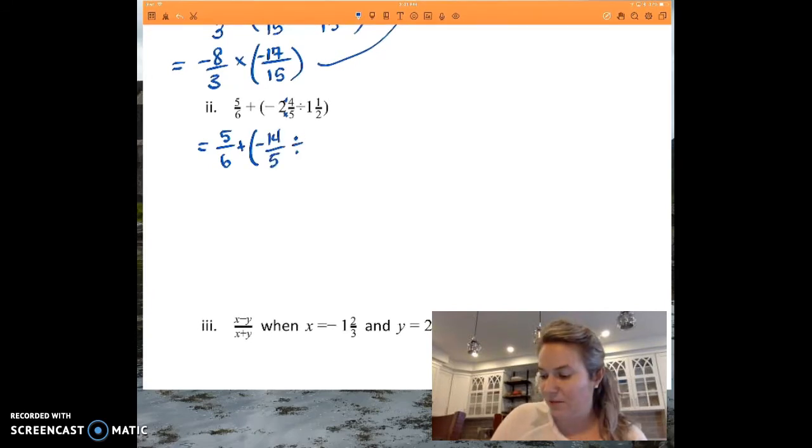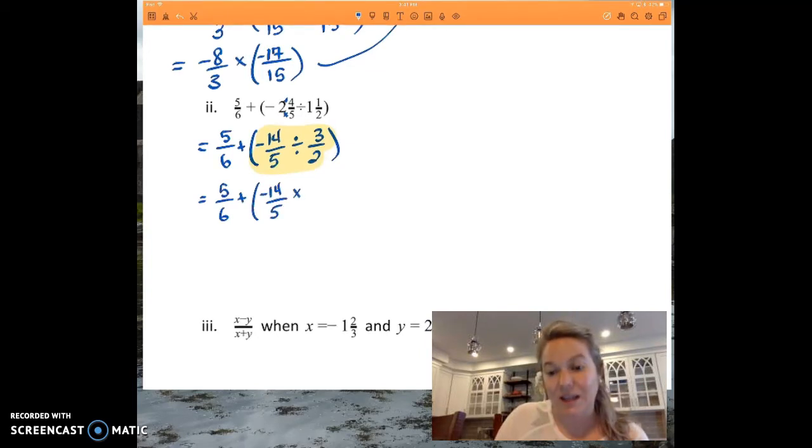Then I'm going to divide by 1 and 1/2, which is 3/2. So what am I going to do first? Once again, it's whatever's in the brackets, because brackets is the first part of BEDMAS. So I'm going to have 5/6 plus -14/5. I'm going to multiply by the inverse. So I'm going to flip 2/3. And that's my next step.